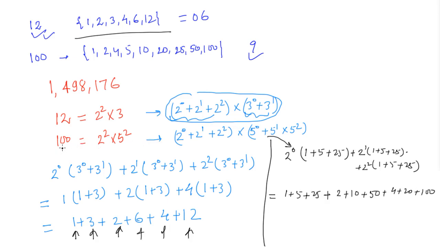Similarly, the list of all possible factors of 100 can be obtained by using this product, which can be written as 2 to the 0th and so on times 1 plus 5 plus 25, and this will give us all possible factors of 100, that is 1, 2, 4, 5, 10, 20, 25, 50 and 100.